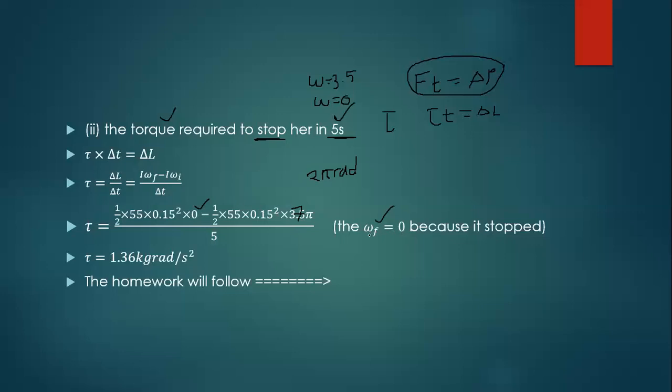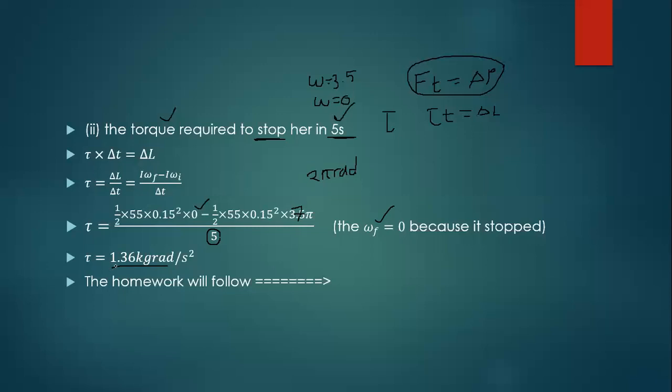That's what happens when you stop. So when we compute the change in momentum over the 5 seconds it took, we're able to find the torque. Like I said, you need to confirm with this value because I used a different number here.